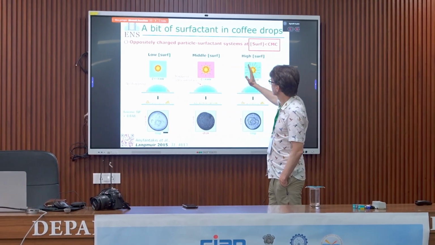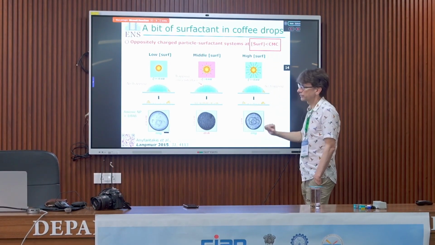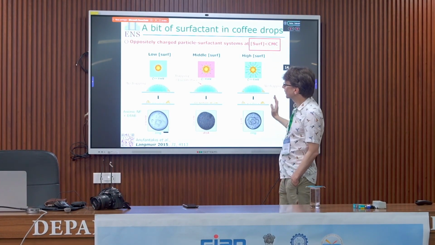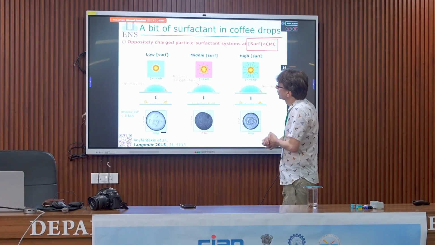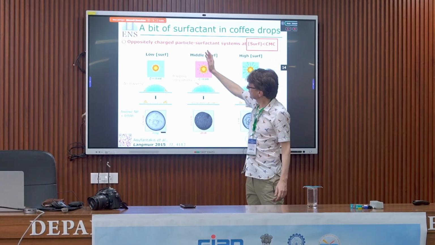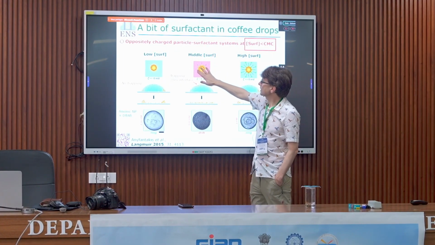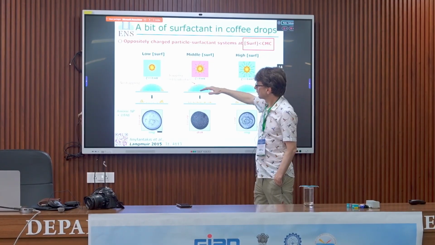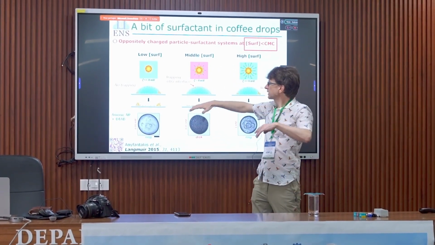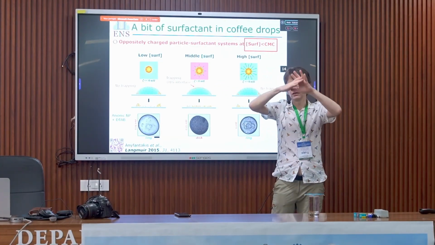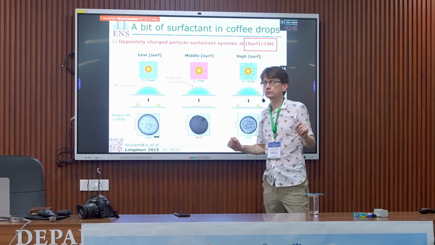And if you are at large concentration, below CMC, you have the coffee-ring effect. And if you are in between, there is a very small range of concentration where you will have adsorption of your oppositely charged surfactants. In this regime, when it makes a monolayer, particles will adsorb at the liquid-air interface, and they will accumulate at the interface instead of being transported, and then you have a uniform deposit.